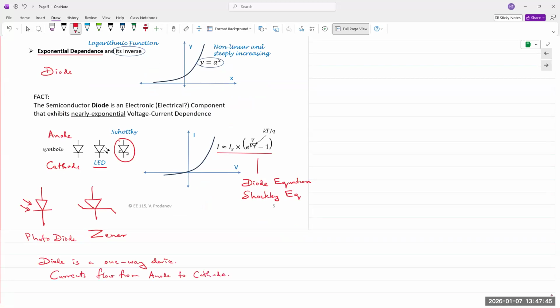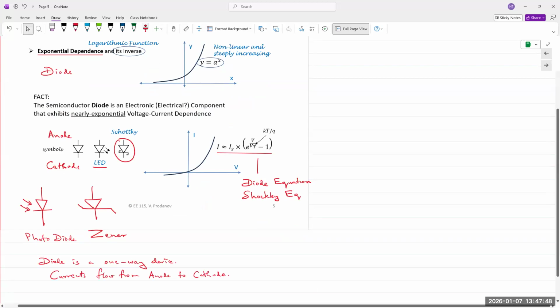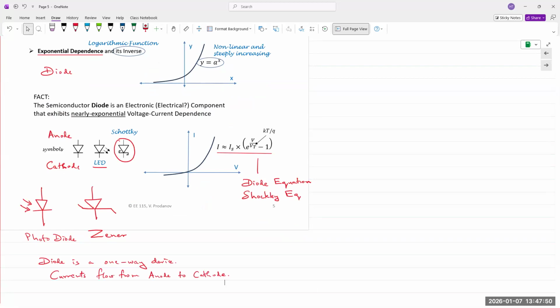Anode to cathode. All right. Any questions before I move on to the next slide?